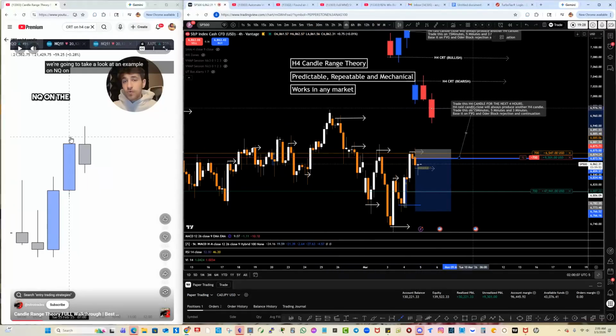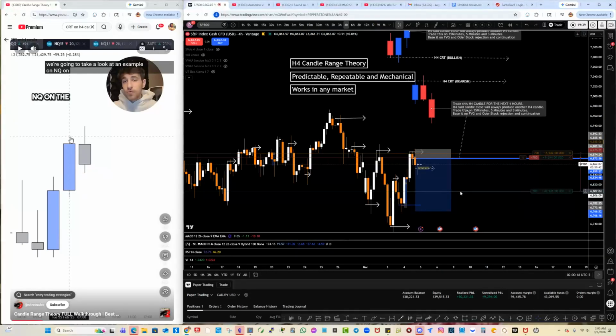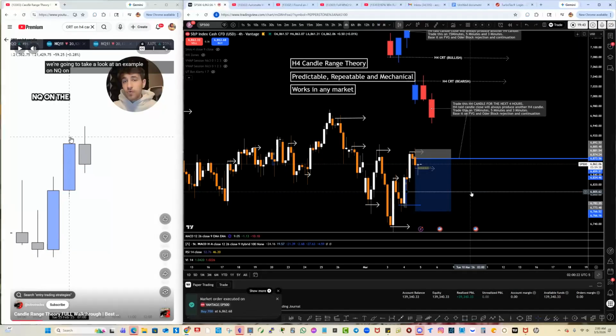When it's gonna get there, I don't know, but that is my bias right now. So because of that, I will close this trade. Then I will look for the next position.